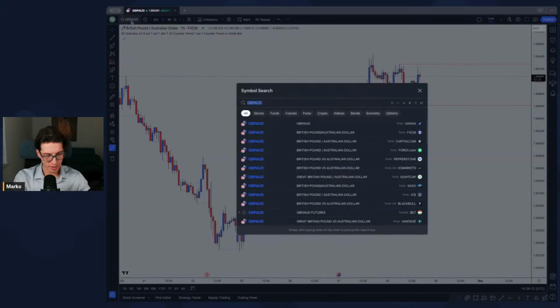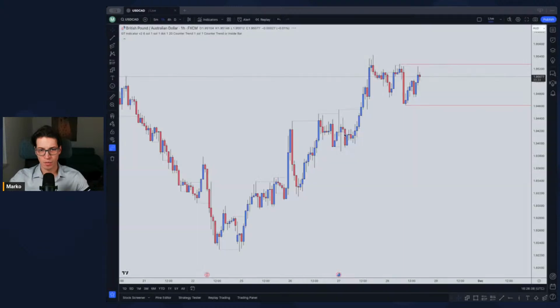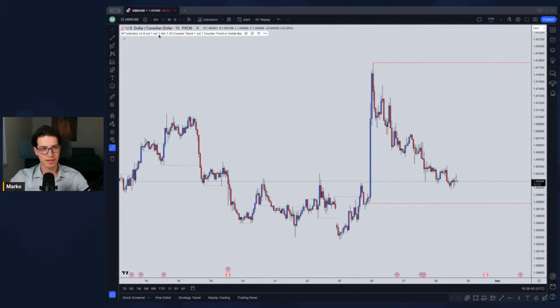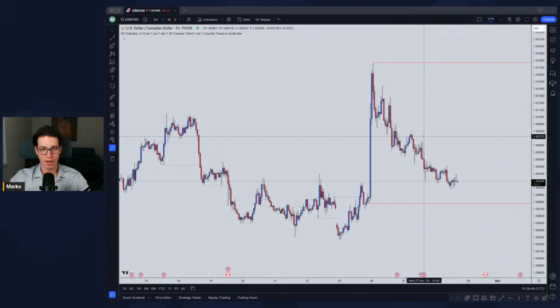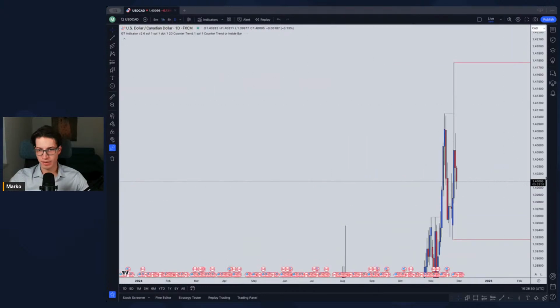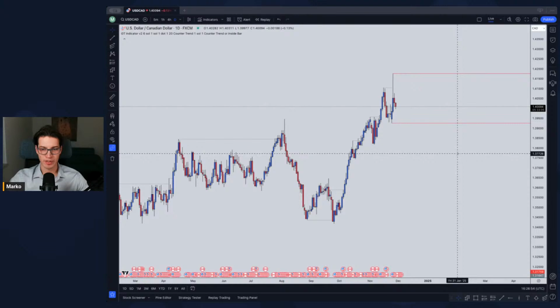And the other one that is interesting to me is US dollar CAD. Why is it interesting? Well, because it adds the Canadian dollar, which I don't have anywhere. I don't have it as a part of a cross anywhere in my live trading. The daily is looking pretty healthy, but again, most dollar pairs are as the dollar keeps gaining strength.